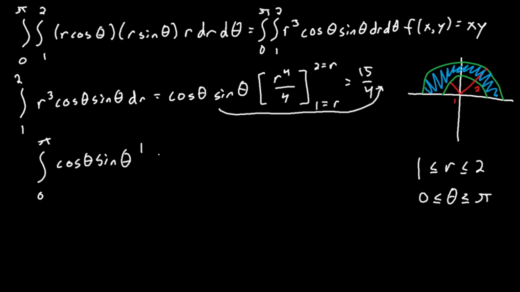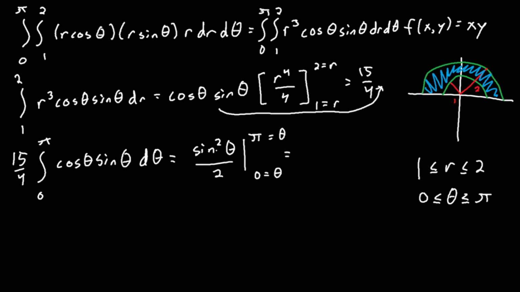What actually happens is we can take out 15 over 4 this time out of the integral, since it's a coefficient, and then integrate this with respect to theta. The integral of cosine times sine is sine to the power of 2 theta over 2. And then our boundaries are from pi to 0.